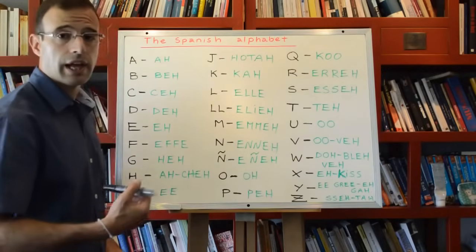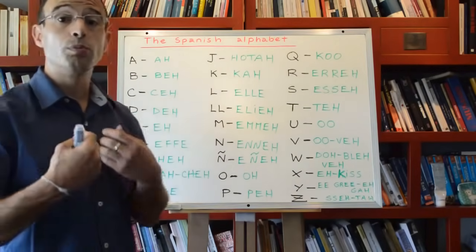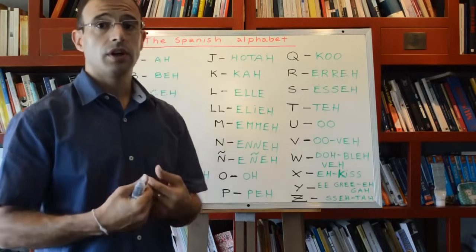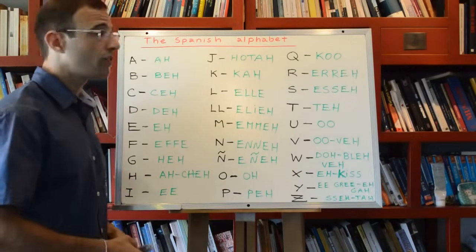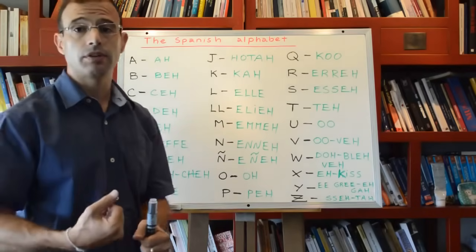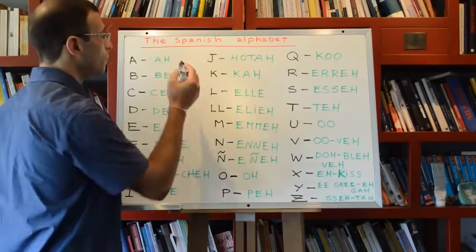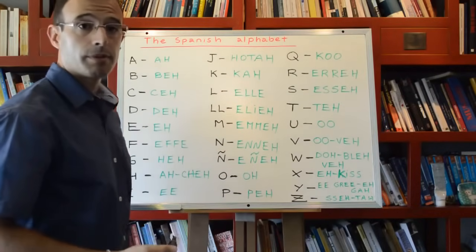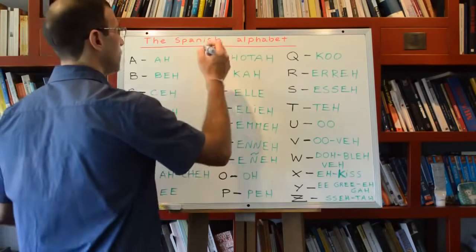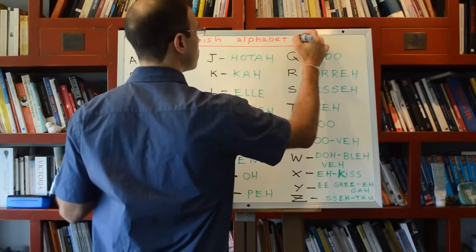But of course I'll help you, so you can pay attention to my own pronunciation of each Spanish letter, and I'll help you to pronounce Spanish sounds. I forgot to write down the Spanish alphabet in Spanish, so let me write it down for you.